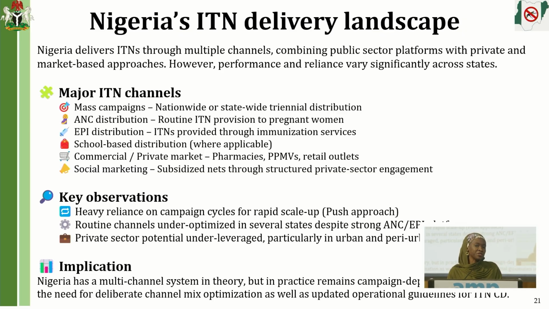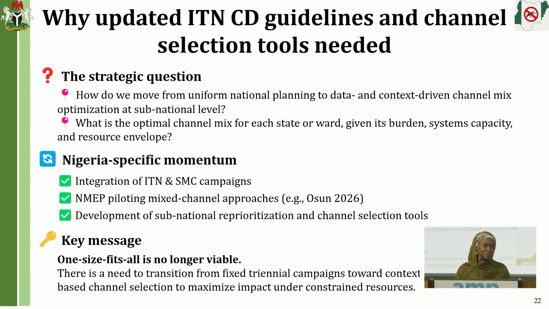So in theory, we have a multi-channel structure on ground, but we are not properly utilizing it in Nigeria. So how do we move from that one-size-fits-all of universal coverage, rolling campaigns, to a more data-driven, context-specific channel mix to optimize resources and coverage at that subnational level?